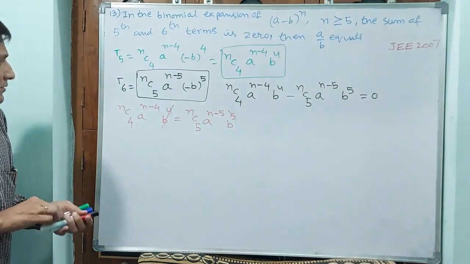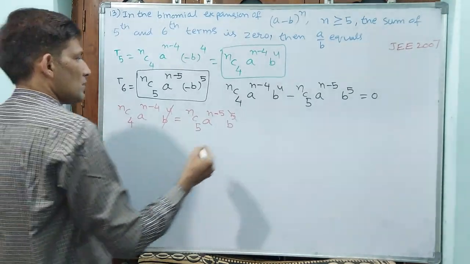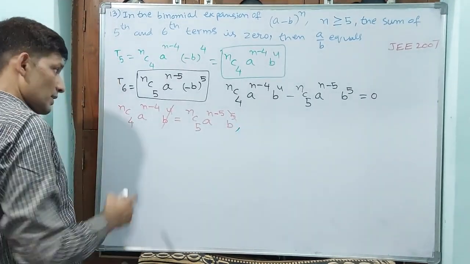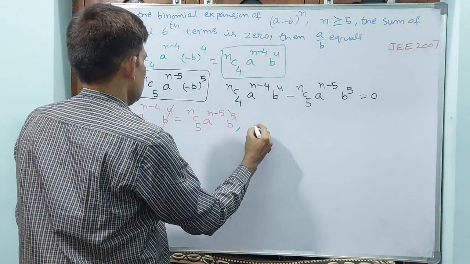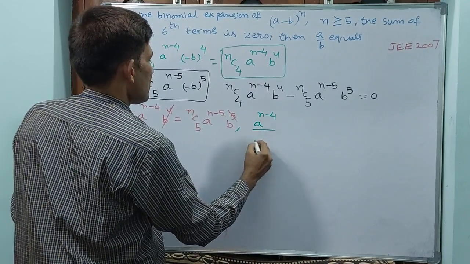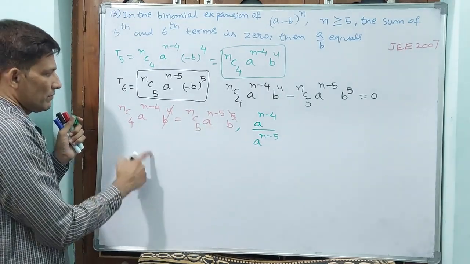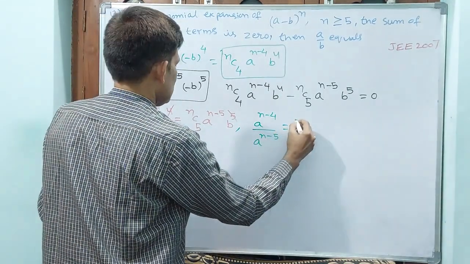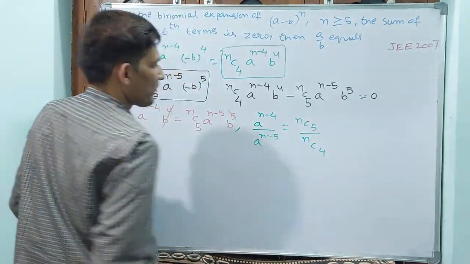Now come back here. a to the power of n minus 4 by a to the power of n minus 5 is equal to nC5 by nC4.